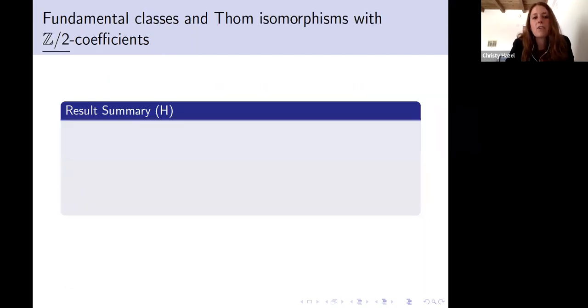Once I had that answer, I really wanted to come up with a geometric way to think about why the answer is what it is. One of the ways to do this non-equivariantly is to use fundamental classes of submanifolds. Whenever we have a manifold and submanifold, we get some special cohomology class in the cohomology of the big manifold associated to this submanifold.